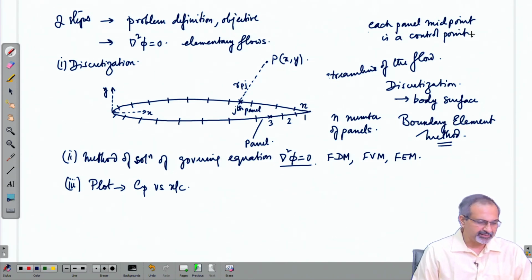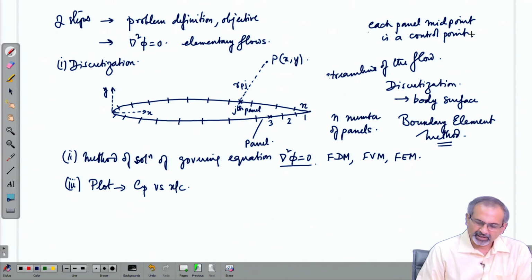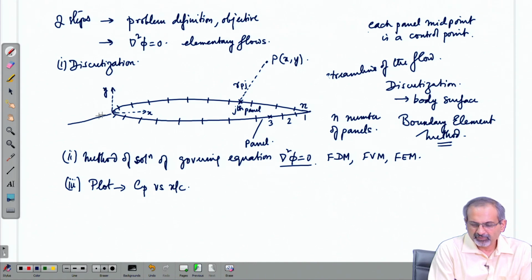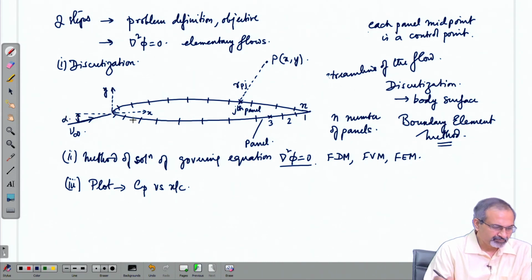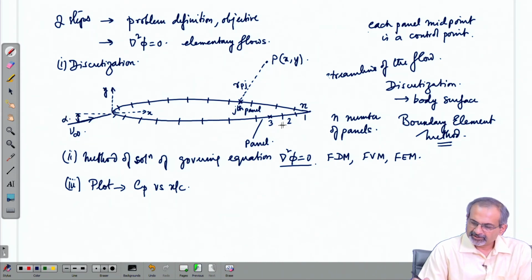So, this is broadly the setup that we need, and then we need to look at the incoming flow. Let us say I have a u infinity coming in at an angle of alpha, and let us say you are looking at some intermediate panel here, the ith panel.